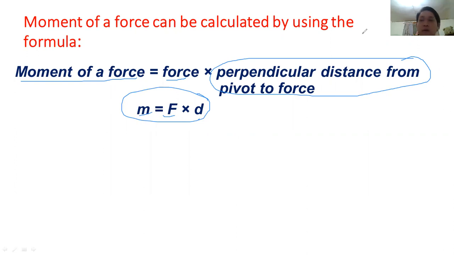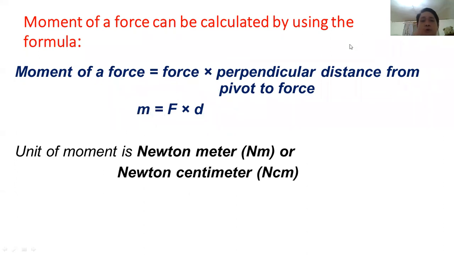I want you to remember the formula because we will be using it later as we go on to solving. Another important concept here: the basic unit of measurement for moment is the Newton meter, denoted as Nm.